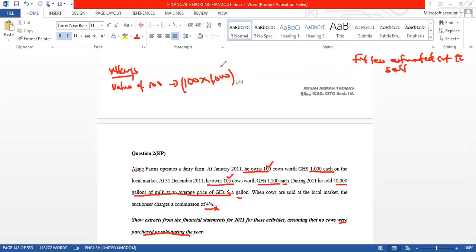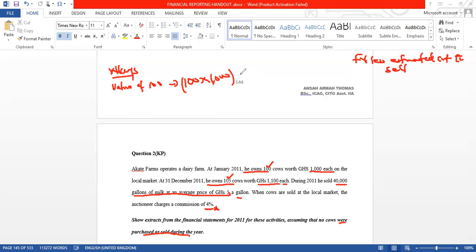So what we are going to do is take our calculators and multiply the figures that we have. If I punch my calculator, this is the value itself.